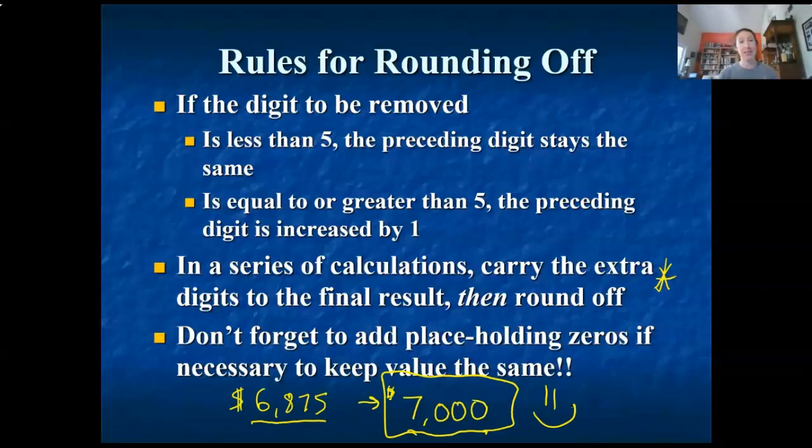This is what I mean by placeholding. $7 is not the same as $7,000. So remember, you have to keep the same value of the digits. So 6,875 rounds to 7,000, not 7, right? That's what we mean by placeholding zeros.